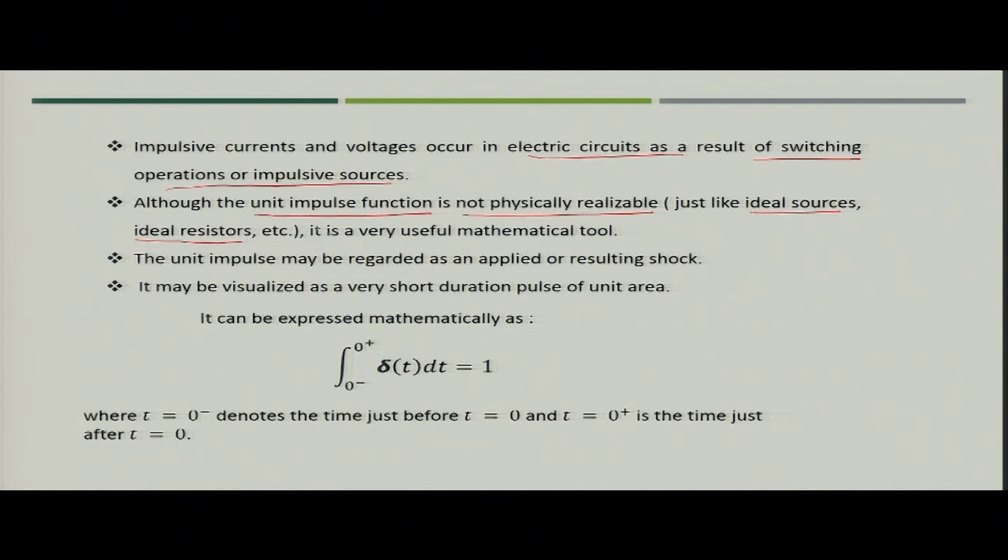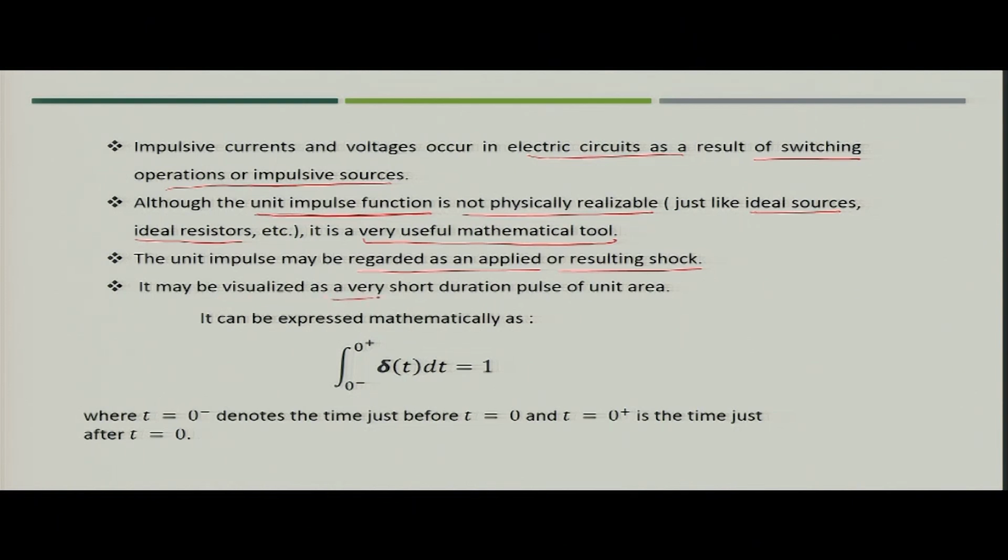But as these phenomena are very important and we use them extensively in our circuit calculations and circuit analysis, similarly the unit impulse function can also be utilized for our circuit analysis, and it is a very important mathematical tool.